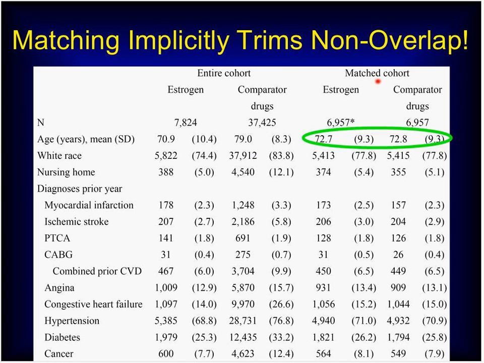Now, after propensity score matching, you see that the age difference completely disappears. That's what we want to have. That's the exchangeability that we need to get to a valid treatment effect estimate. But you also see that we couldn't match all of the 7,800 initiators of estrogen. We lost roughly 900 treated here because we couldn't match them to untreated because of non-overlap.